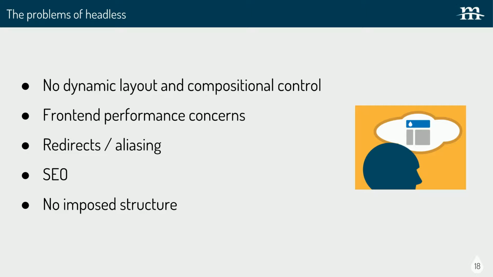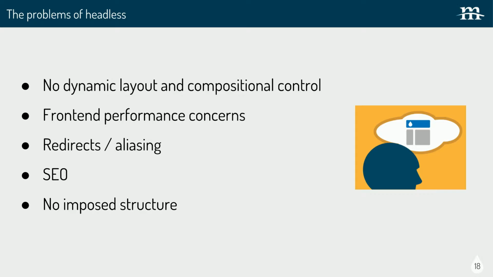But when you go fully headless, there are some problems that you have to re-solve in a way. Things that Drupal already does pretty well that you have to find other solutions for. A big one for us, obviously, with our use of Panels, was that if you go fully headless, you have to re-figure out how you are going to allow regions to be editorially controlled. There's also, depending on how you work it, some performance concerns. If you're making a lot of extra requests back to services layers, that can add to load time.